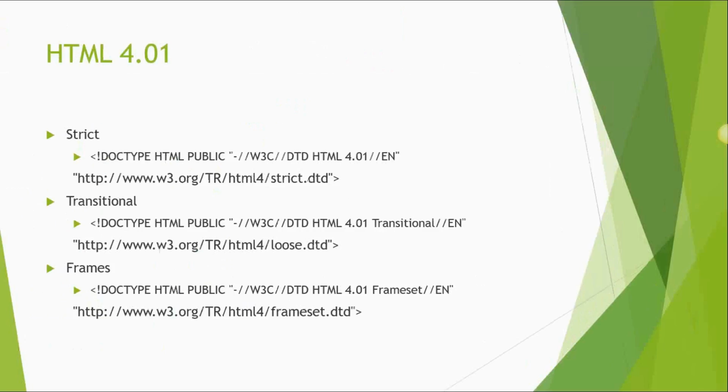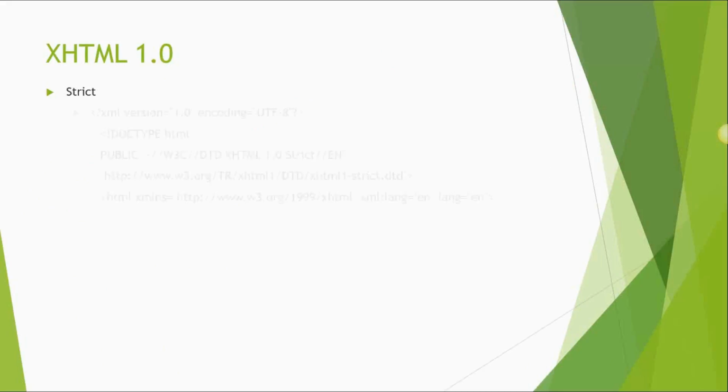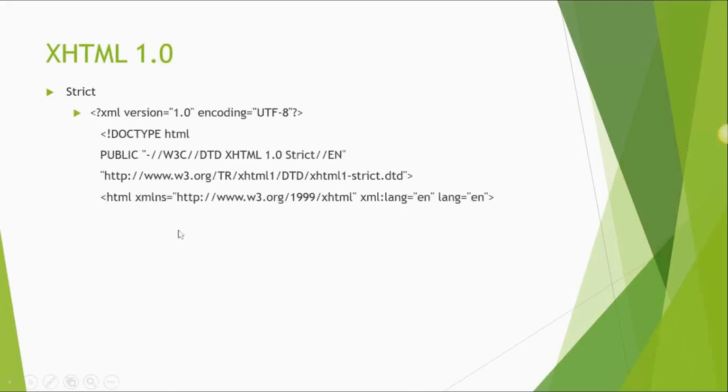Okay, so now let's see the XHTML. Next is XHTML 1.0 doctypes. Here also we can see that there is a strict doctype. In XHTML, we have to define the XML version, the encoding, and the most important is the XMLNS. The XMLNS is the XML language type we are using.